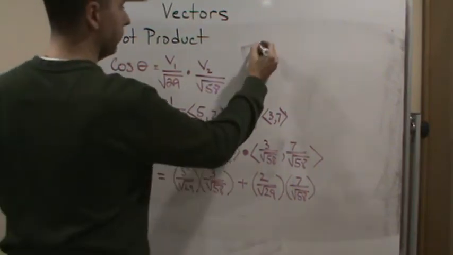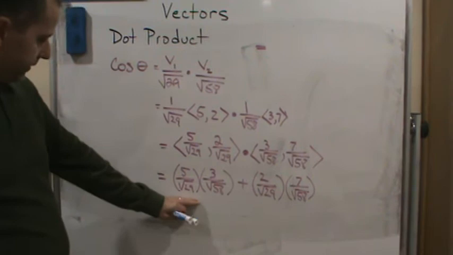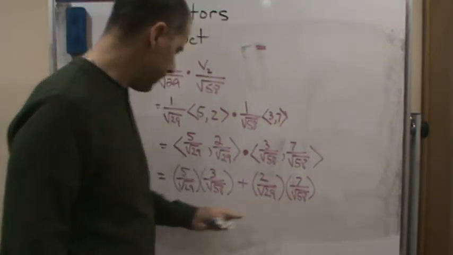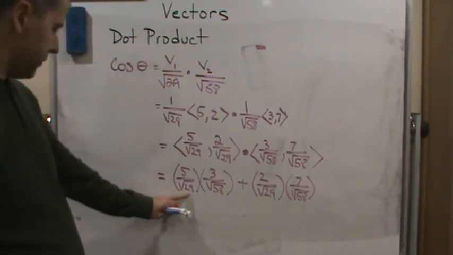Okay, now, let's come up here. So what do I get over here? These denominators are going to be the same. So 29 times 58, what's 29 times 58?